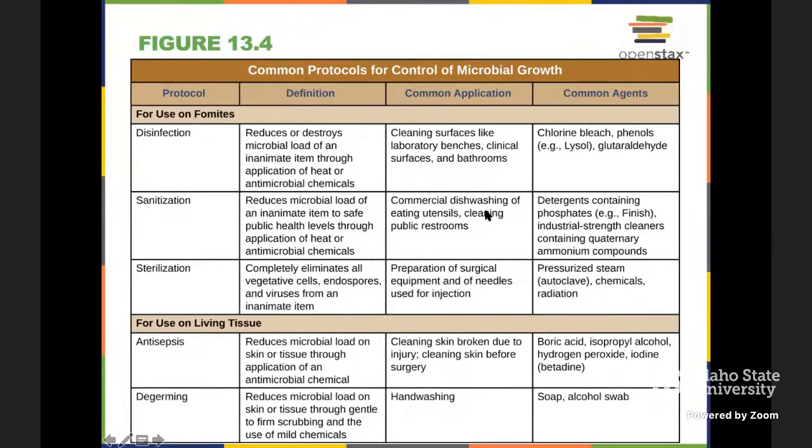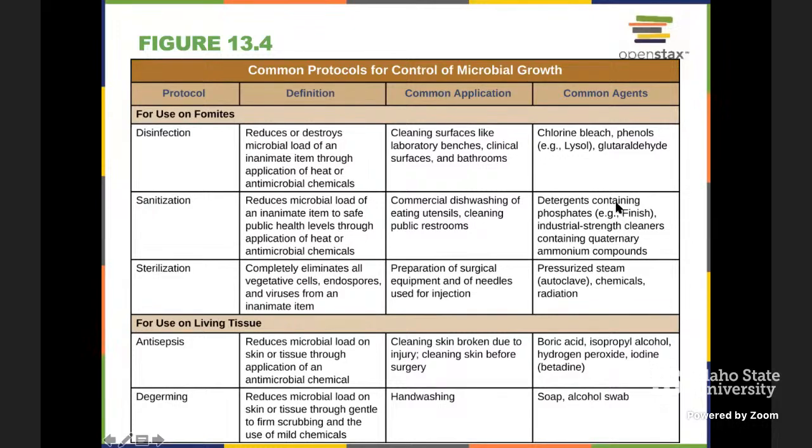Commercial dishwashing, we think about with different sanitizing agents. There are potentials, as we see over here, like the Finish that may go into your dishwasher, but oftentimes in a restaurant situation, there's a little bit more action on that to ensure that those products, the silverware or the dishes, are a little cleaner, if you will.